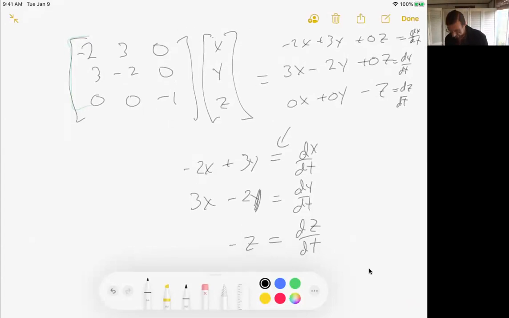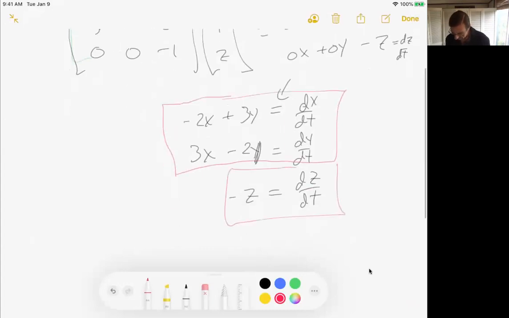What they mean by it partially decouples is that this is just happening in the xy plane, so you could do this as a two-dimensional problem acting on the xy plane, and this is just happening on the z-axis. They say it acts in one way on one plane and in a different way on one axis, so now draw the plane and draw the axis.